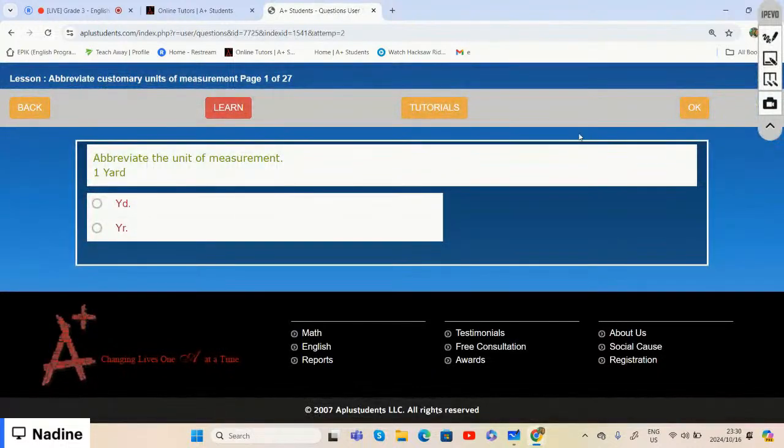All right. We need to abbreviate the unit of measurements 1 yard. Is it YDR or YR?